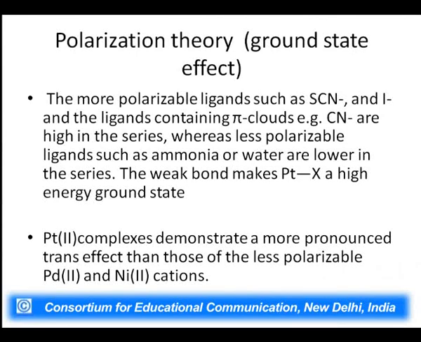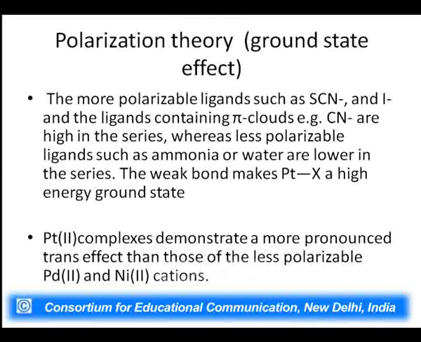In this case the more polarizable ligands, like thiocyanate and iodide, sometimes contain a pi electron cloud, like cyanide in this series, and there are certain less polarizable ligands like ammonia. The ones that are less polarizable are lower in the series, and the ones that are more polarizable are higher in the series.